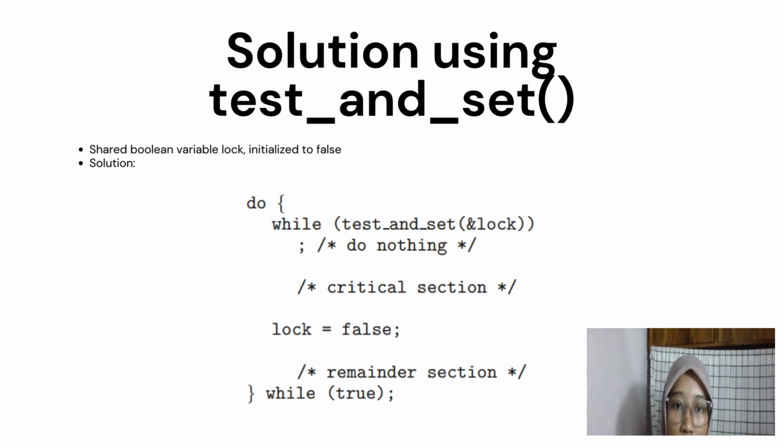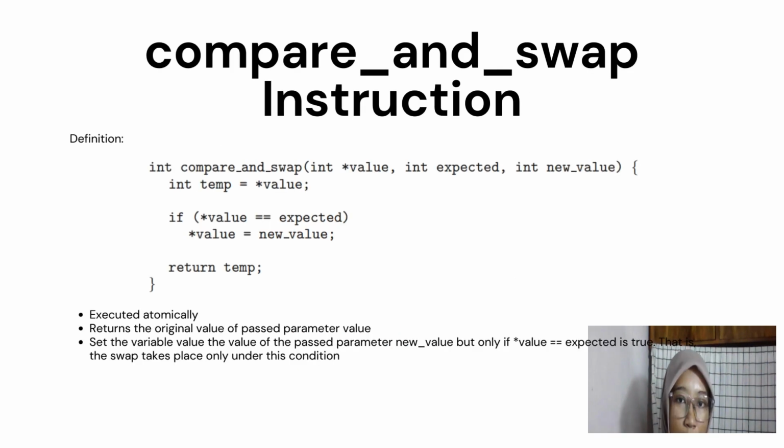Shared boolean variable lock, initialized to false. The next one is the definition of the compare and swap instruction. It executes atomically, returns the original value of the passed parameter value, and sets the variable value to the value of the passed parameter new value, but only if value equals expected is true.